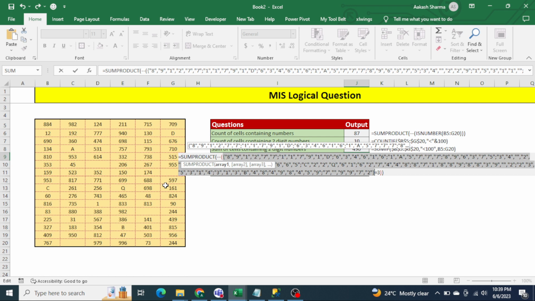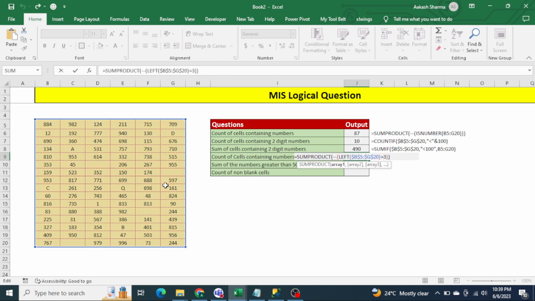Let's see. I am pressing F9, and you can see that everything is in text. Whenever we use LEFT or RIGHT, these are string formulas, which consider values as strings. So we need to put the 3 into inverted commas so that it is considered as text. Now if I press Control Shift Enter, it gives the output I am expecting.